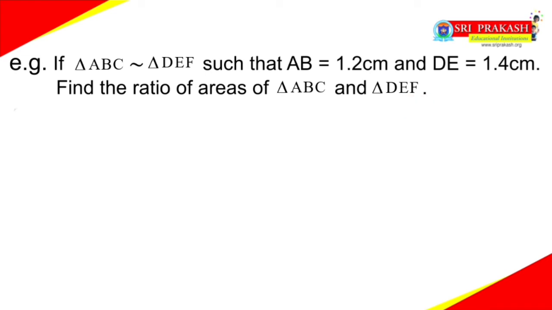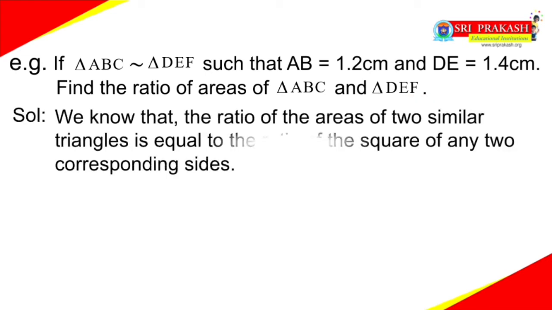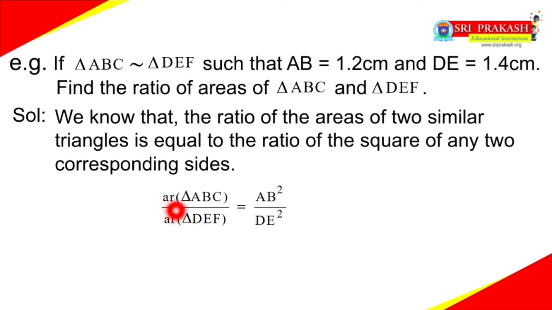Children, let us start. We know that the ratio of the areas of two similar triangles is equal to the ratio of the square of any two corresponding sides. So area of triangle ABC by area of triangle DEF is equal to AB square by DE square.